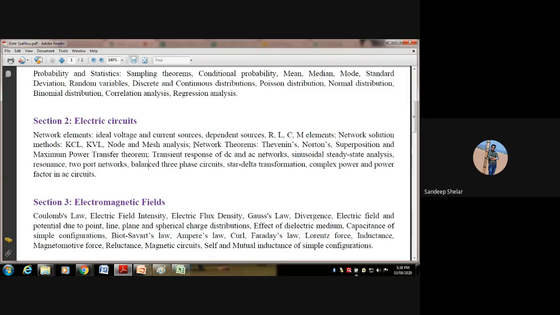Only 5 points are pending, that is network theorem, transient response of DC network, then two-port network, and star delta transformation and complex power. Okay, this is the syllabus of the electrical circuit.